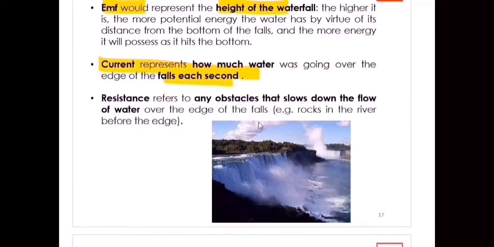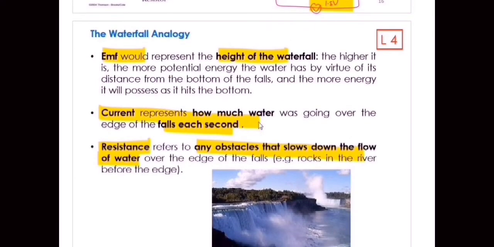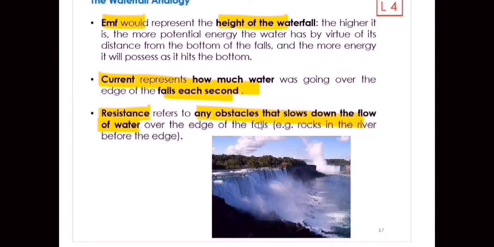If it's higher, more water would flow, therefore more current would flow as well. Resistance refers to any obstacle that slows down the flow of the water, for example stones or wood or anything that would slow down the flow. So this is an analogy to represent EMF, current, and resistance.